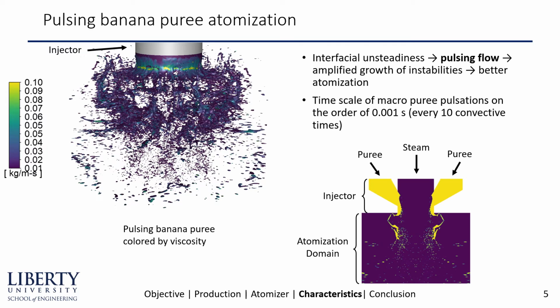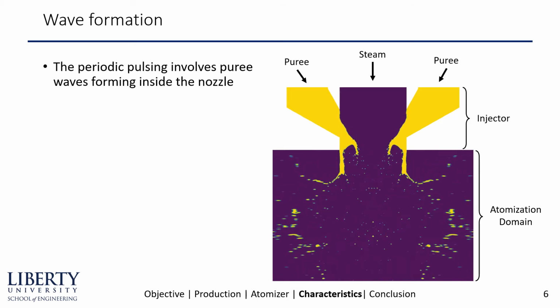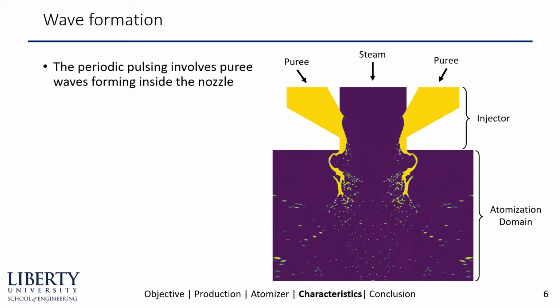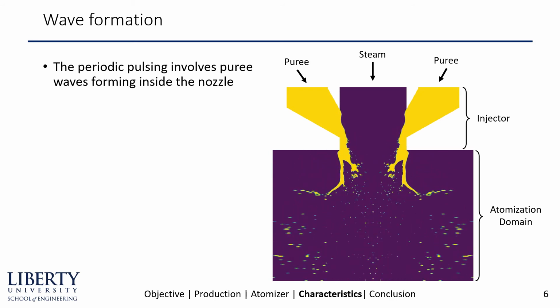Here we see a side view of the puree atomization, and we can identify a radial burst event happening in this snapshot in time. What you'll see here is an animation of the side view showing puree atomization. And you'll notice that the periodic pulsing actually involves puree waves forming inside the nozzle.